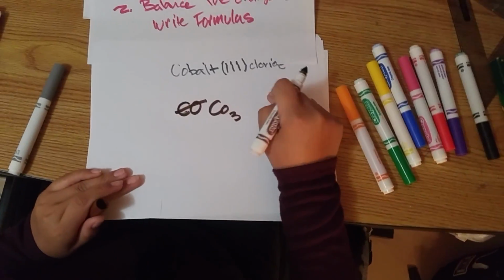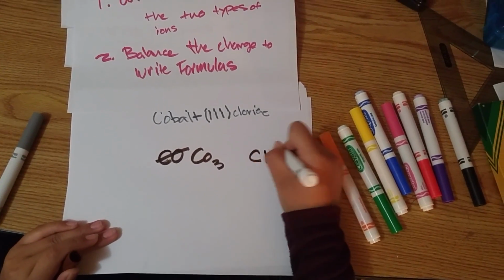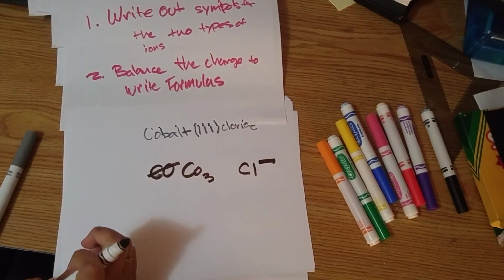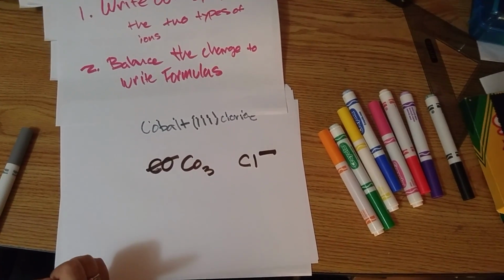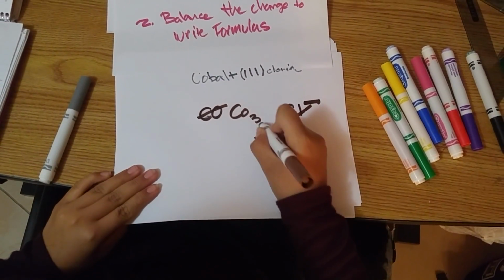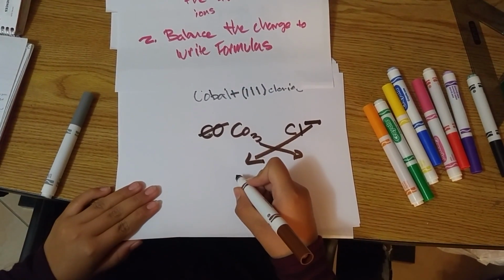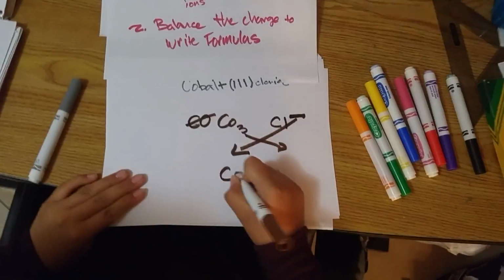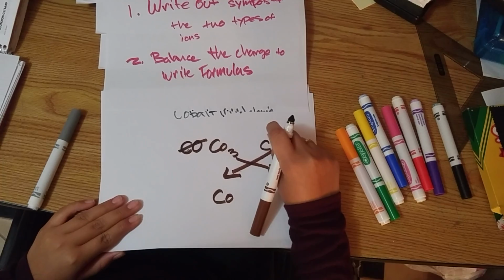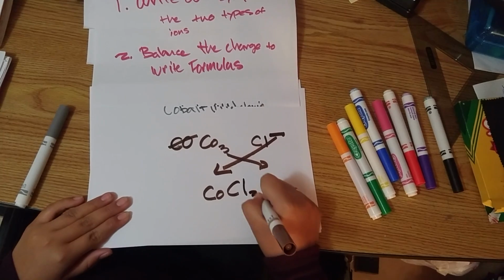And chloride is chlorine if we take off the "ide" ending, and it has a negative charge. Okay. Second, balance out the charge to write the formula. This basically means crossing them over, which would leave Co plain, since that's just that. Whenever it's just the negative or the positive, you don't have to write it. And Cl3.